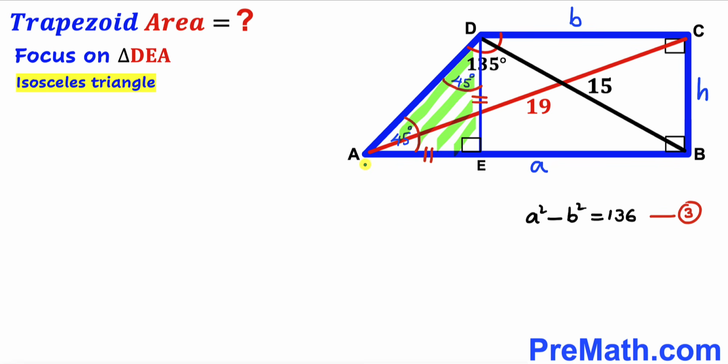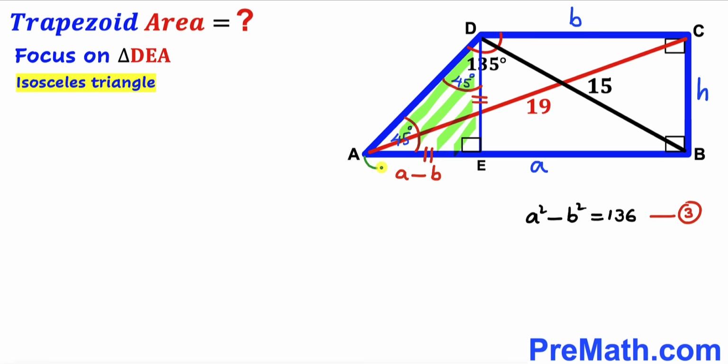So we conclude that this segment AE length is equal to this segment DE length. Now let's make an observation. We can see that this EB segment length is equal to this segment length lowercase b. So this is lowercase b, and we know this whole base AB is lowercase a. So this segment AE length has got to be lowercase a minus lowercase b.